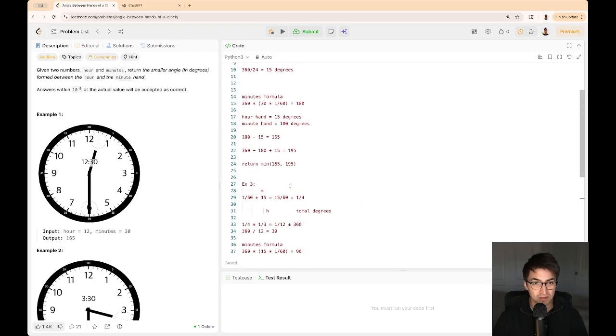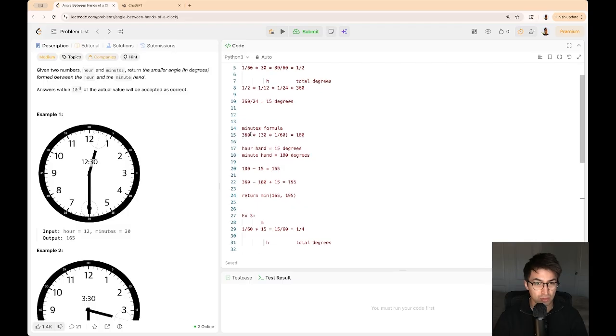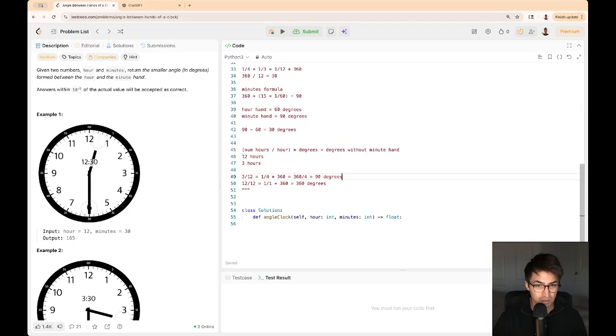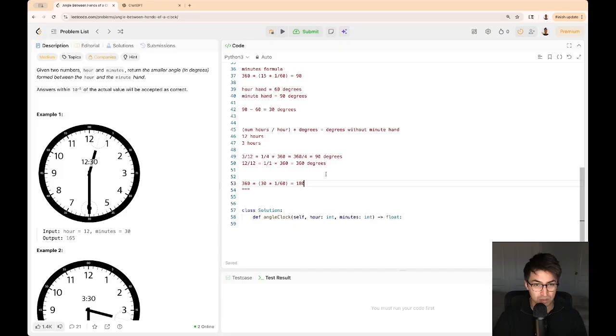And then minute hand was the total amount of degrees times the minutes times 1 divided by 60, 1/2, 180 degrees. I think that's a solid formula. I know this is kind of a lot of notes, but I think it'll be fine. Okay, so minutes times minutes per hour, or no. Minutes times, how could I say that?